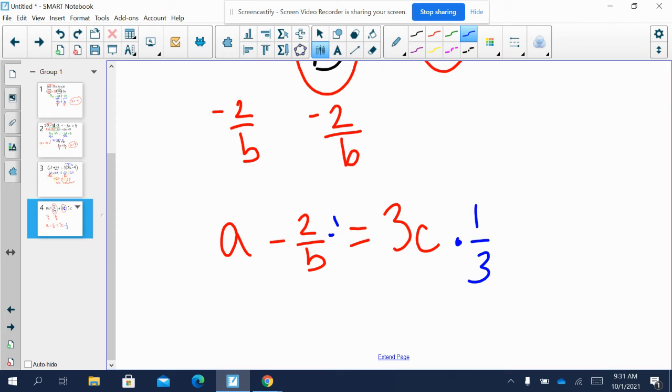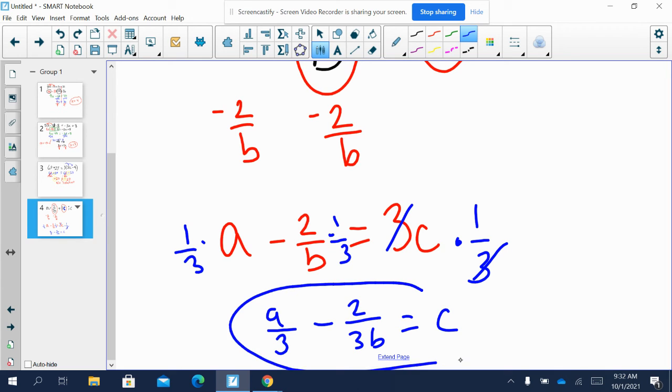You do the same thing over here and over here. And so we'll get A over 3, because 1 times A is A, over 3. Then we've got minus 2 times 1 is 2, over 3B, equals, our 3's cancel out, C. So that was the other way we could have done it, and the more simplified version of it. I would have accepted either answer.